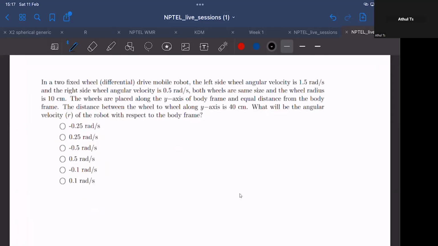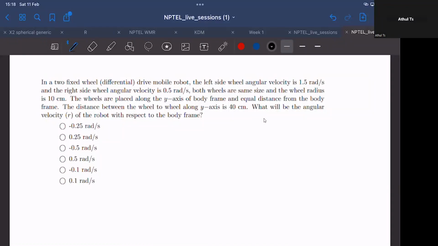Moving on to the second question, it says, in a two fixed wheel differential drive mobile robot, the left side wheel angular velocity is 1.5 radians per second, and the right side wheel angular velocity is 0.5 radians per second.